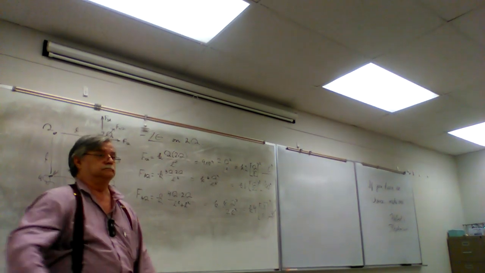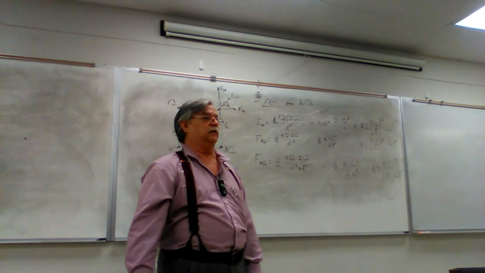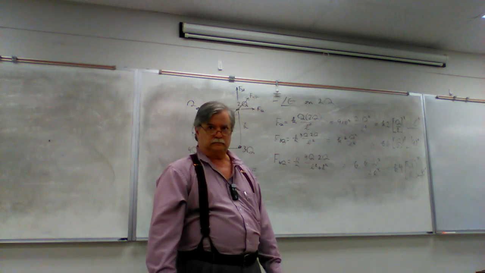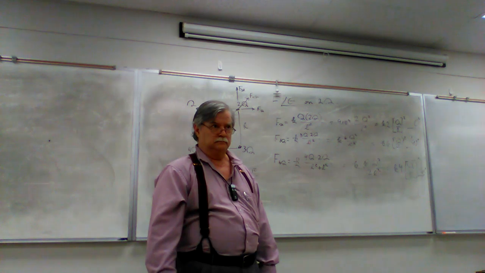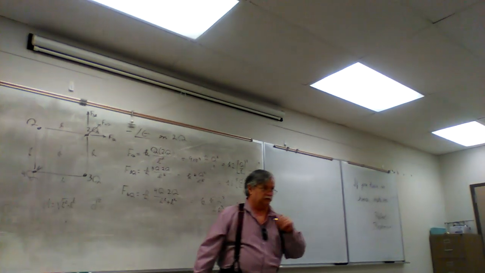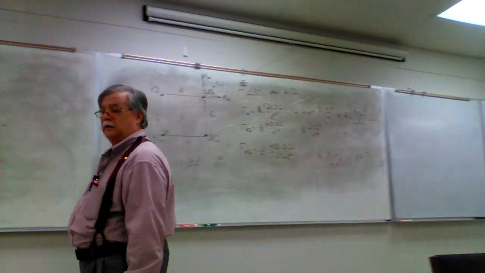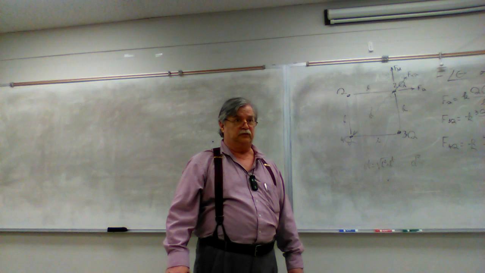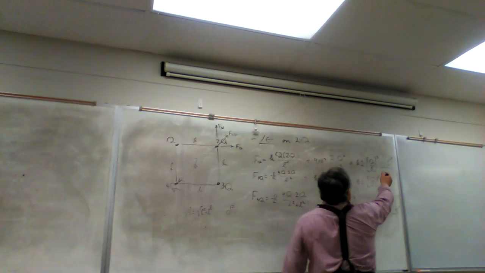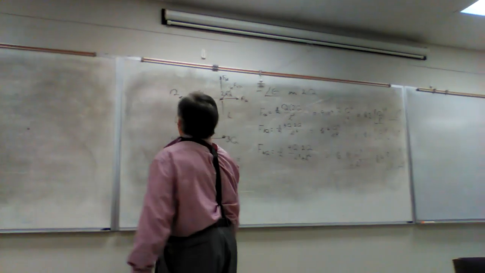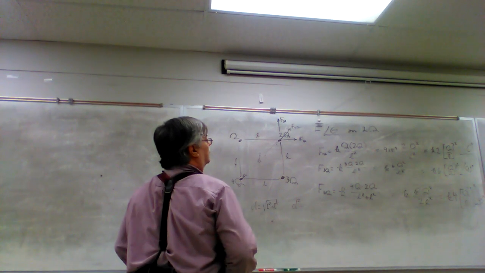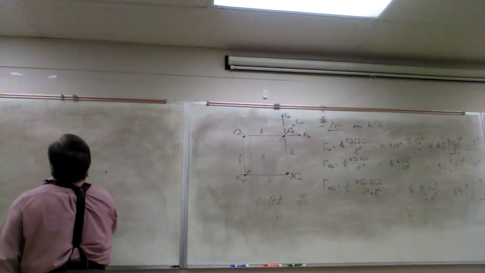Now, all we've got to do is add these 3 vectors together. But how do we do that? First thing you've got to do, if you want to add vectors, is convert them into Cartesian coordinates. Our first one is at 0 degrees, and it is 2 times K times Q over L squared.